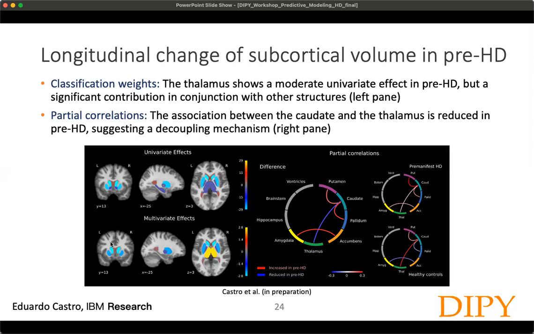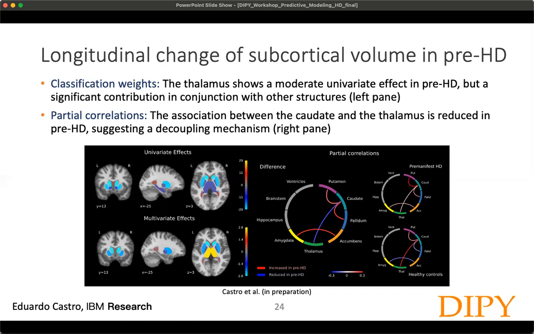But when we analyze the multivariate weights assigned by the classifier, we can see that the thalamus is rather conspicuous. In fact, it is the region that has the highest associated weight when analyzing the difference between healthy controls and pre-manifest HD.